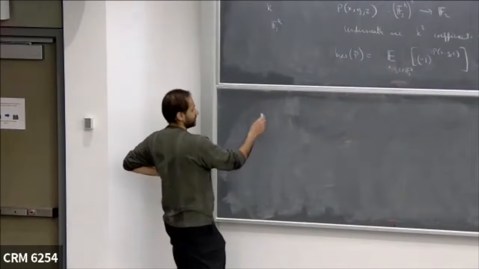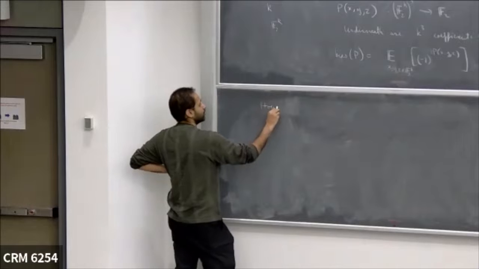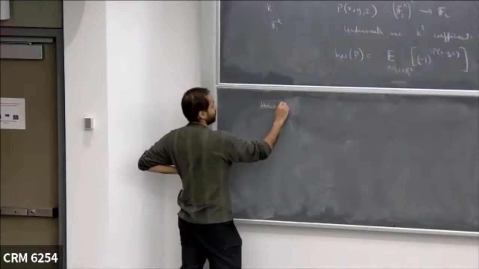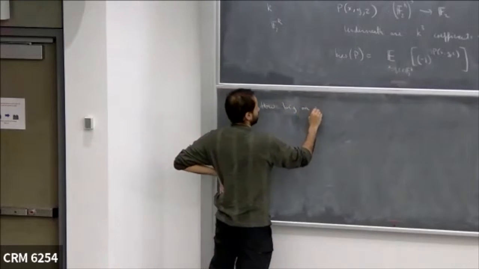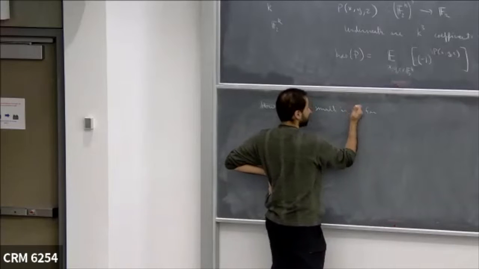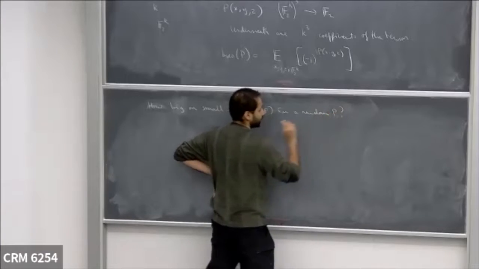This is one question that we look at. What is the value, how big or small is the bias of P for a random P? This is one question that I want to look at.